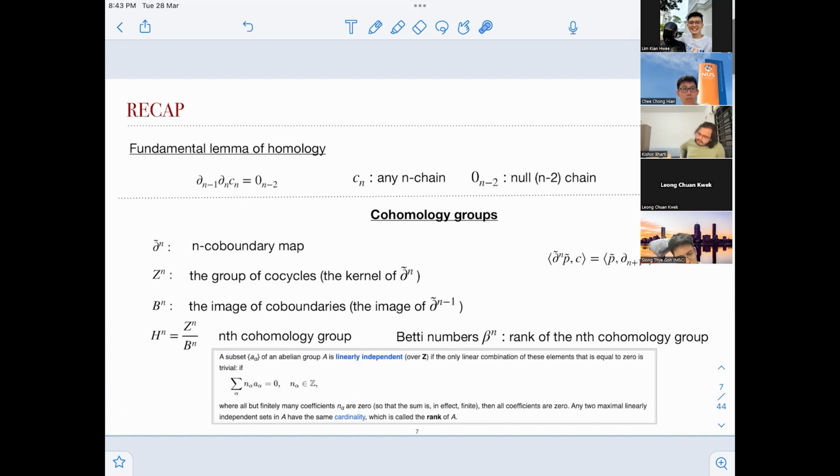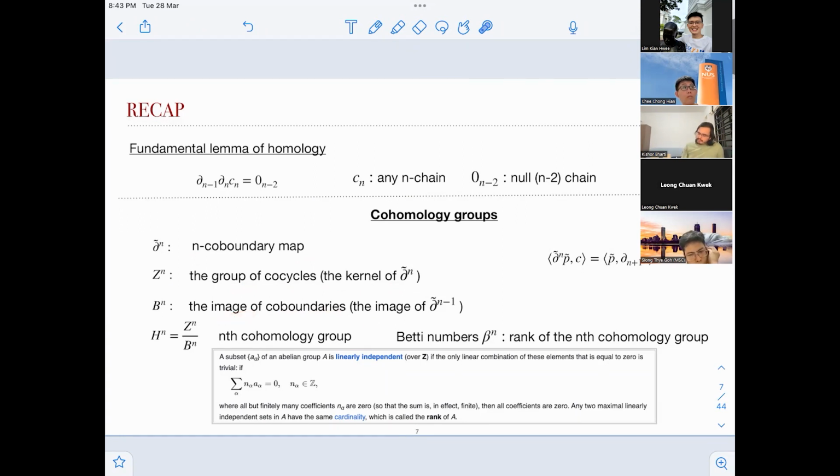The set of co-chains is its domain, the kernel is what we call the co-cycles, and the image is the set of co-boundaries.